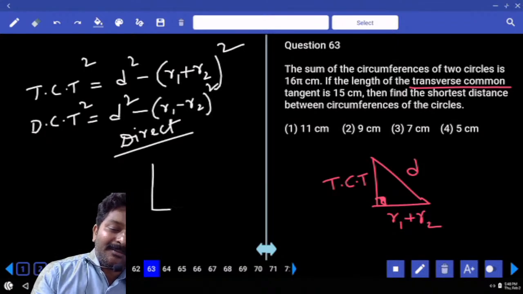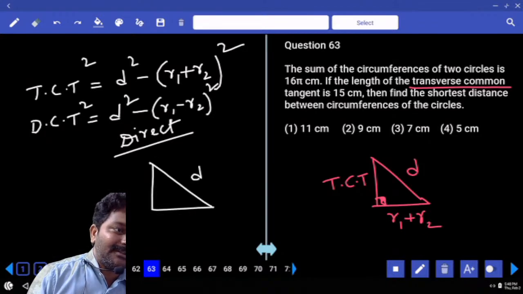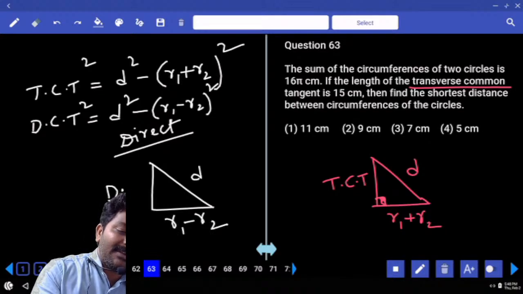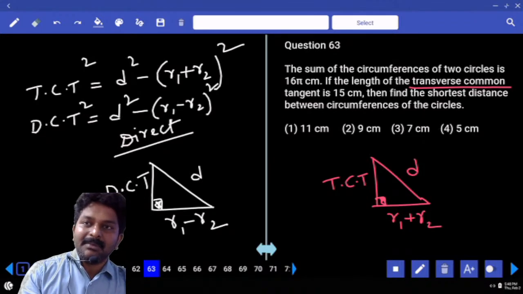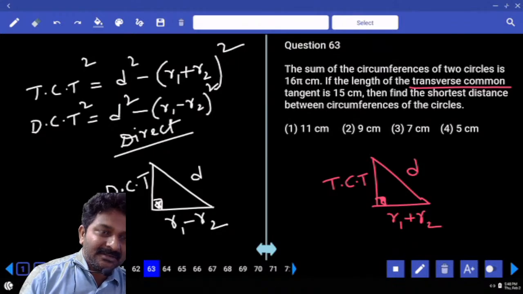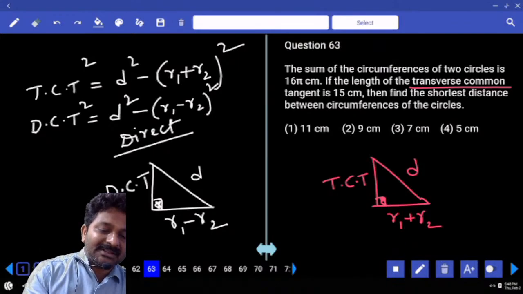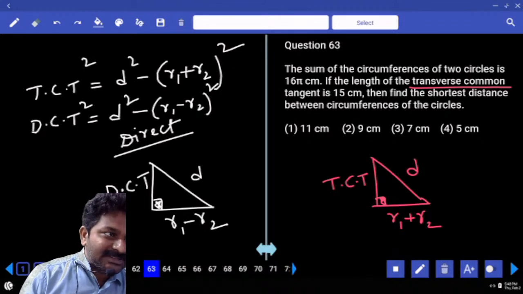So here it will be the diagonal part, d, distance between centers, r1 minus r2 will be here, and here we will have the direct common tangent, and it is a right angle triangle. Easy to remember. If you want to know how you get this, ask me in some other class, I'll explain.